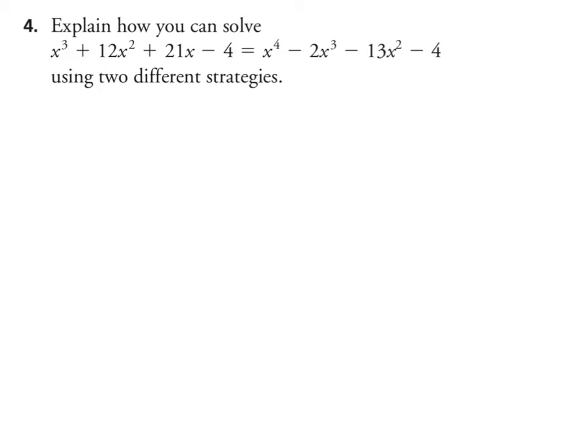All right, question 4. Explain how you could solve x cubed plus 12x squared plus 21x minus 4 equals x to the 4 minus 2x cubed minus 13x squared minus 4.